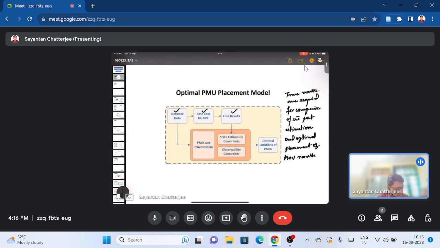These two results are required to compare the outcomes. The main objective is PMU cost reduction.